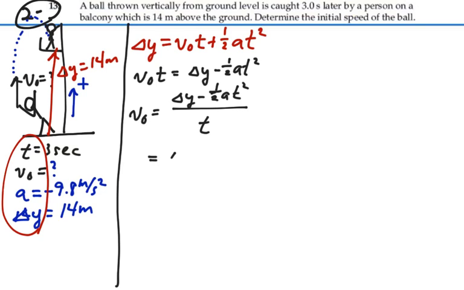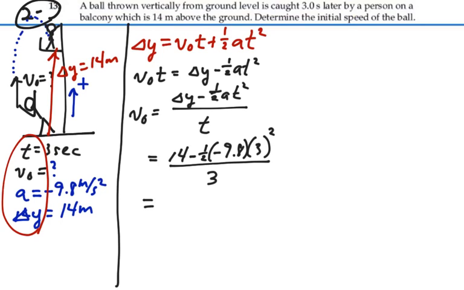So that is going to be 14 meters minus 1/2, acceleration is a negative 9.8, and t is 3 seconds squared, over 3 seconds. So we're going to have a negative negative, which will give us a positive there.